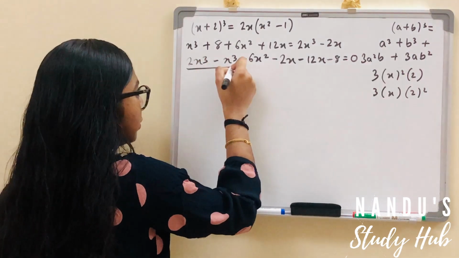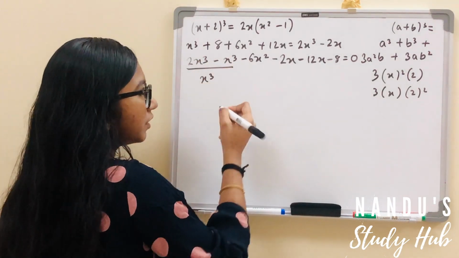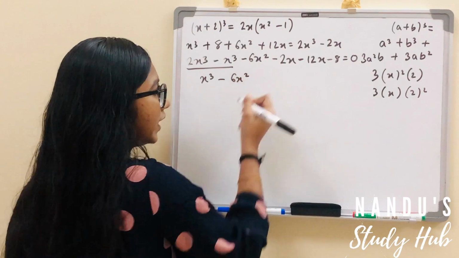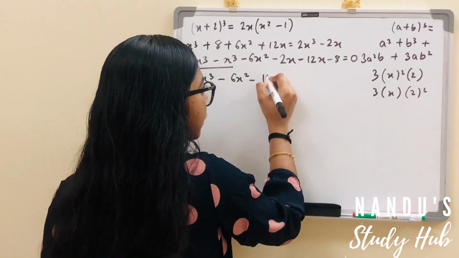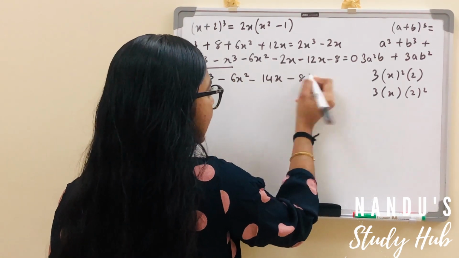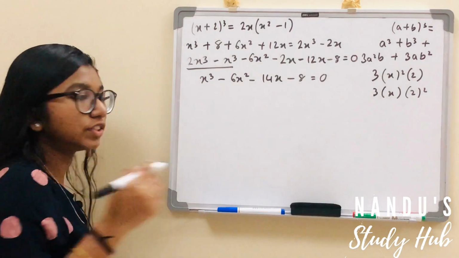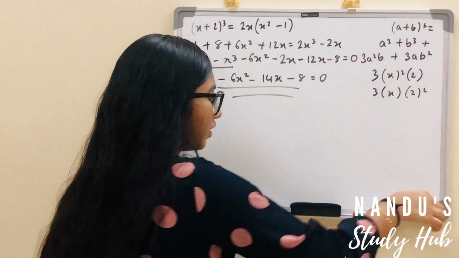Now when you subtract, you get x cube minus 6x square minus 14x minus 8 equals 0. So this is your final equation.